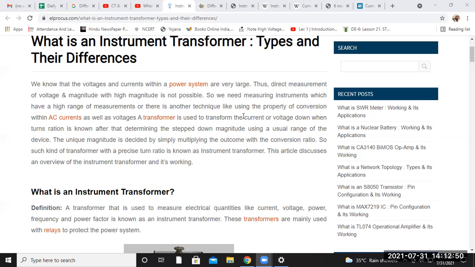Normally the transformer works on the principle of electromagnetic induction. That must be applied in all types of transformer. Here also, in the instrument transformer, that principle is applied.